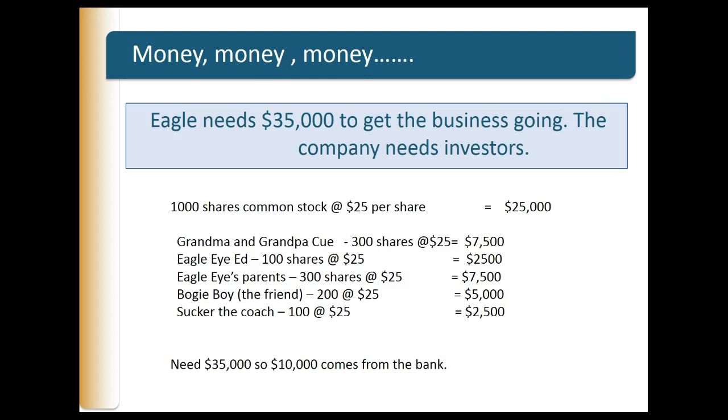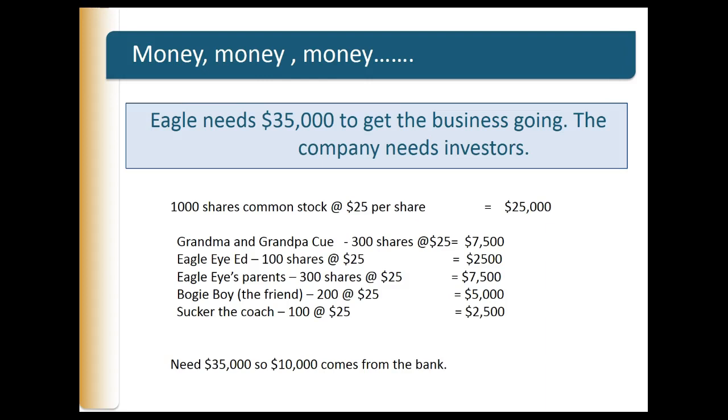He's cashing in all of his IOUs or his kind gestures. Grandma and Grandpa Q decide they're going to donate $7,500, which equates to 300 shares at $25. Then Ed himself, Mr. Eagle Eye, the business owner, is going to invest $2,500 into this business, which would be 100 shares at $25. Ed's parents got snookered into the deal.